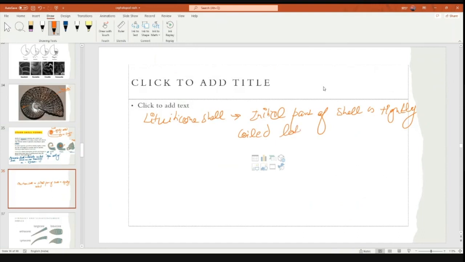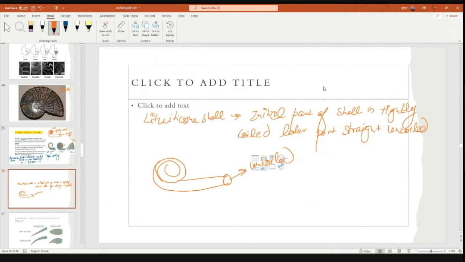Later part, जो बाद में formation of the cell हुआ, they are generally straight one. The part is straight and uncoiled. They are not coiled, right? See, initial one is the coiled, which is very tight, and then the latter part is quite straight. So these are uncoiled, and this one is the coiled one.